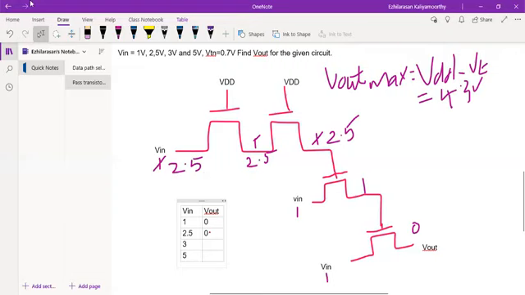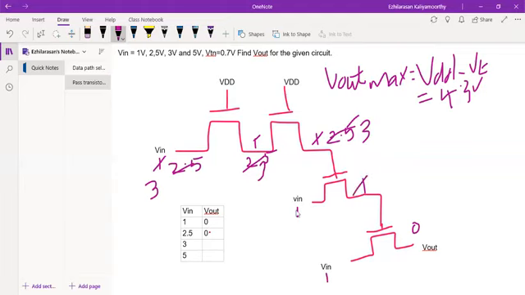Now next, let us go for 3. When it is 3, I will get 3 only. So here also 3 only. Sorry, here the input is 2.5, right? The input is 2.5 in the previous case, so here up to 1.8 only can go.